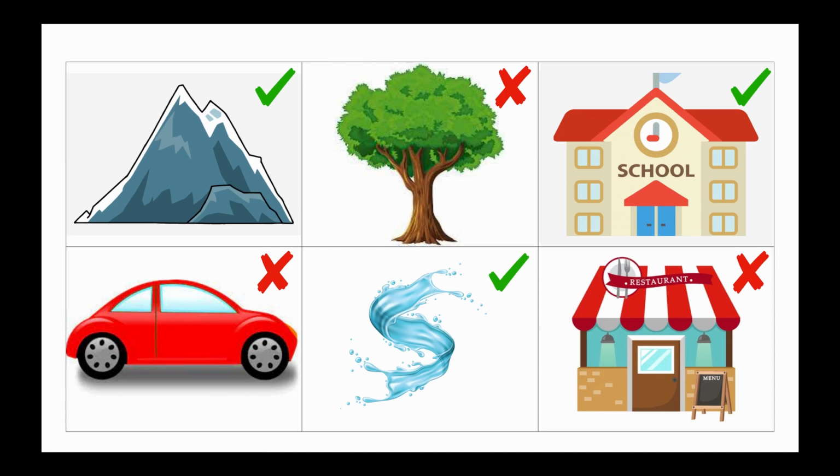Okay, let's look at these 6 pictures here. If you see a check mark, then I want you to say there is blah blah blah. And if you see an X, then I want you to say there isn't a blah blah blah. Starting with mountain.